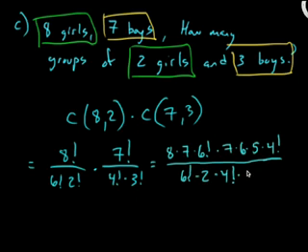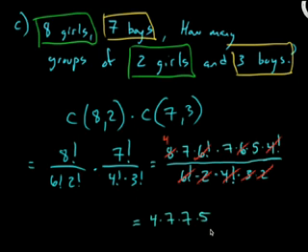And 3 factorial is the same as 3 times 2. So let's cancel out and simplify. 3 times 2 is 6, and this 2 and this 8 could reduce to 4. So my simplified math is going to be 4 times 7 times 7 times 5.